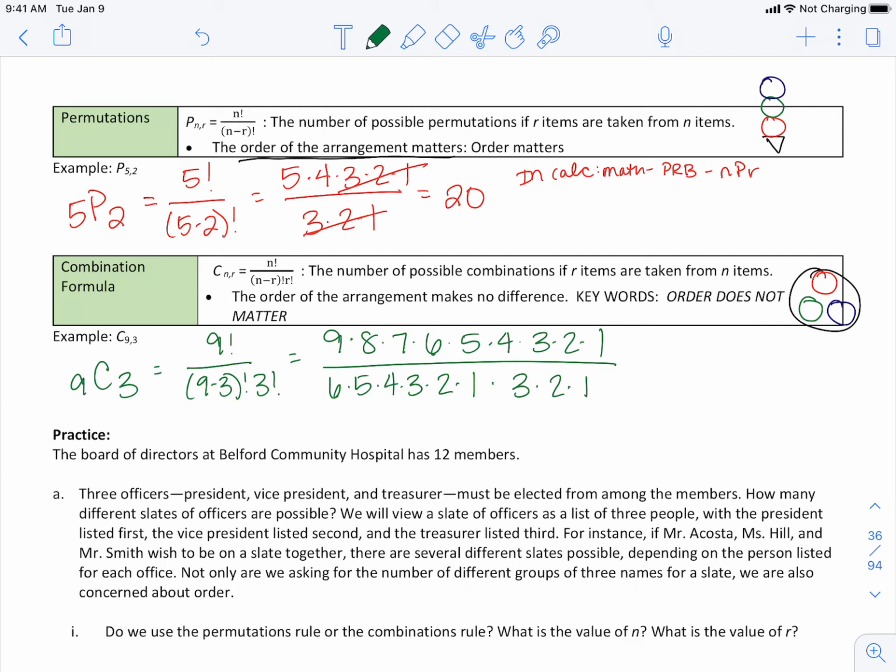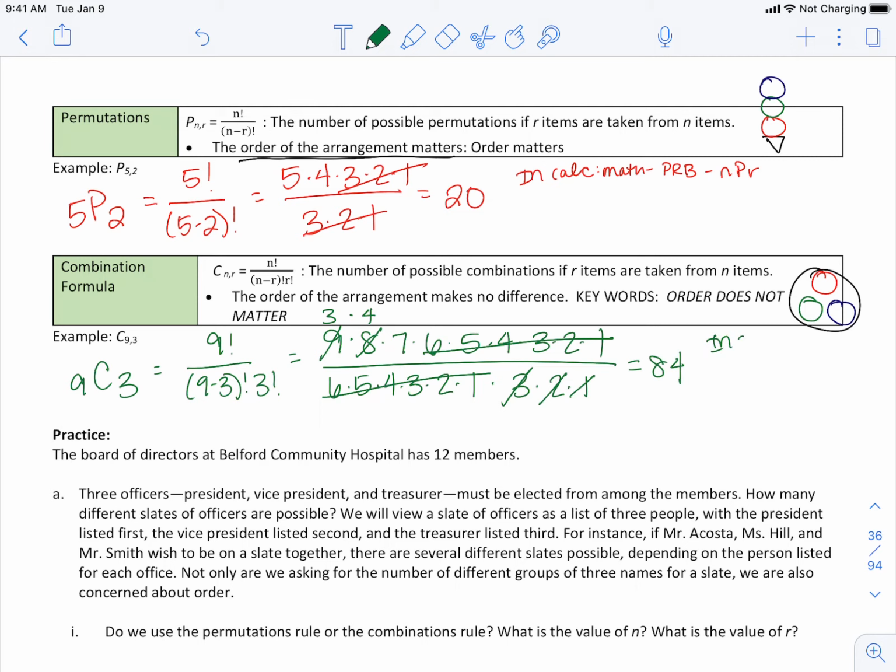All right, so here we have the 6 and below cancels. 3, 2, and 1. Well, I can reduce the 3 with 9, so this 9 becomes a 3. I can reduce 2 with 8, so my 8 becomes a 4. My 1 just cancels because dividing by 1 is the same. And so we have 3 times 4 times 7, which is going to give us 84.